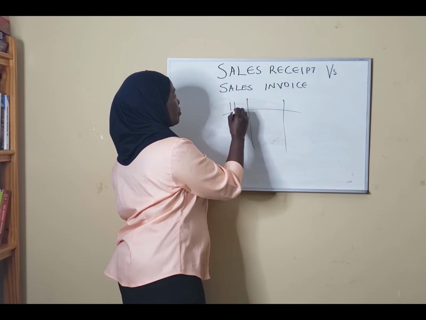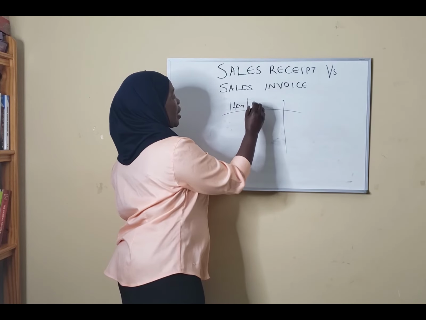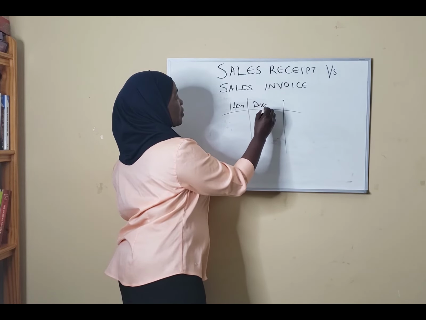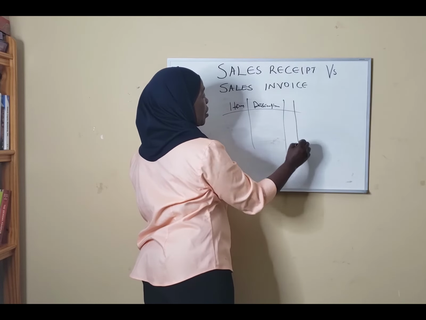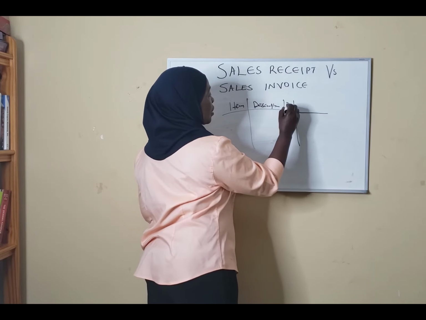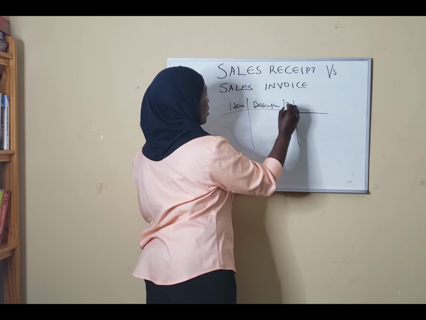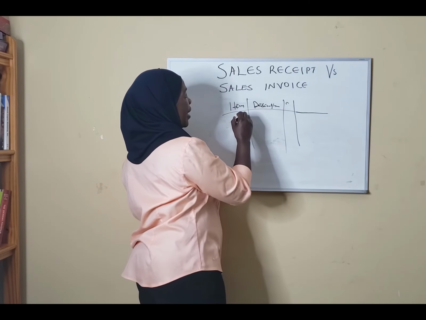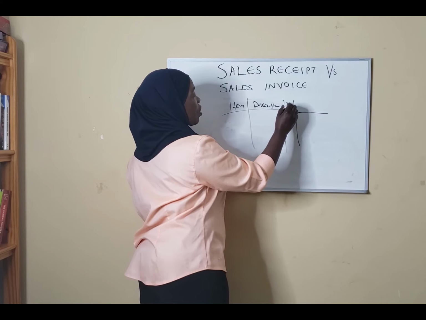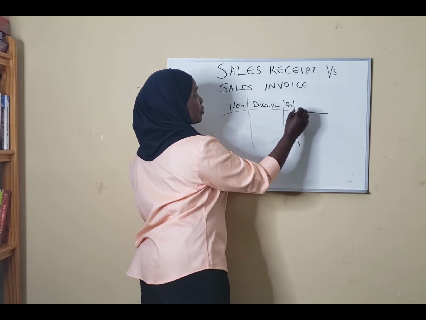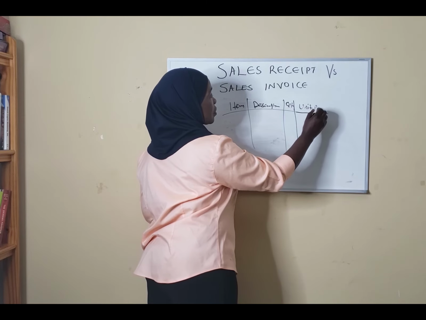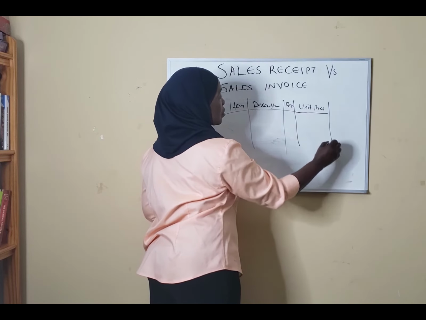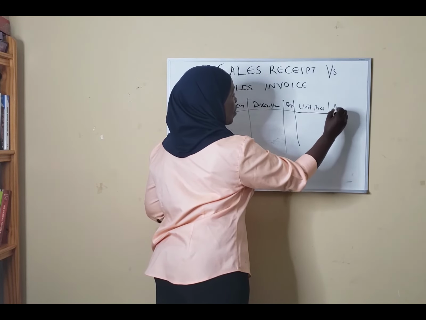It has item and description. Maybe here it has the item, maybe the name of the thing, description, quantity, unit price, and amount.